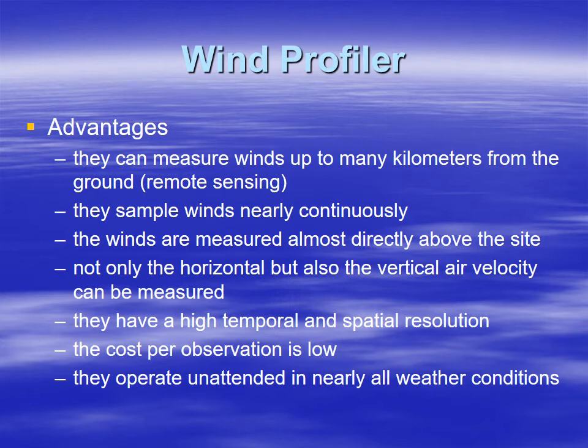They have high temporal and spatial resolution, which means that they measure very frequently and at many levels of the atmosphere, in very small level increments. The cost per observation is extremely low, much lower than radiosondes, and they can operate unattended all year long. And they don't complain much as compared to weather observers who send up balloons.